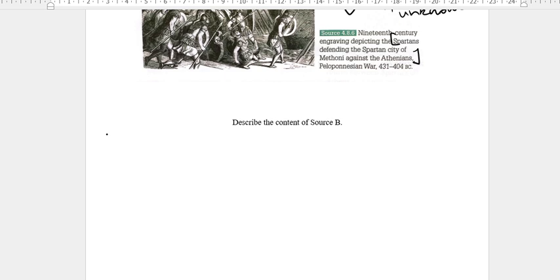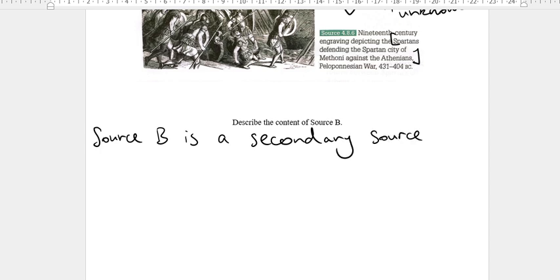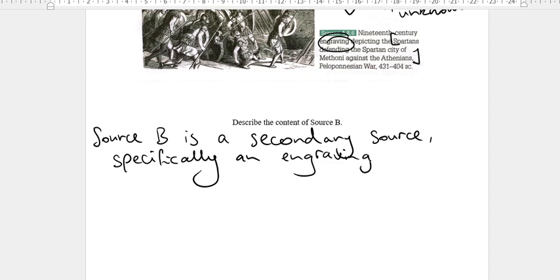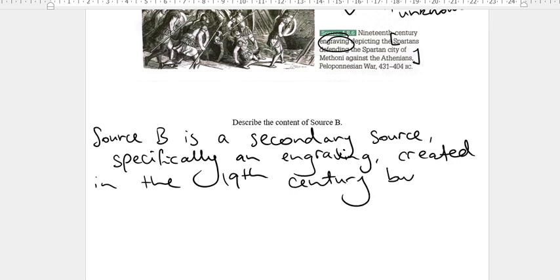So, source B is a secondary source. Specifically an engraving, and that's up here, created in the 19th century, but the author is unknown.